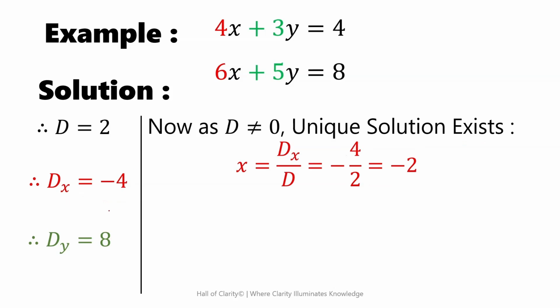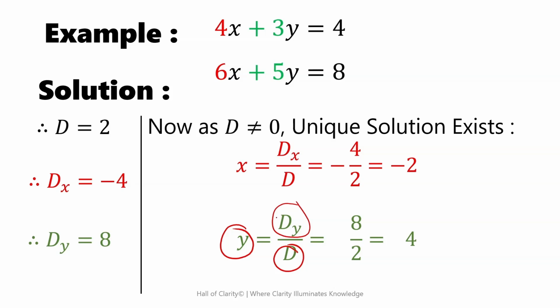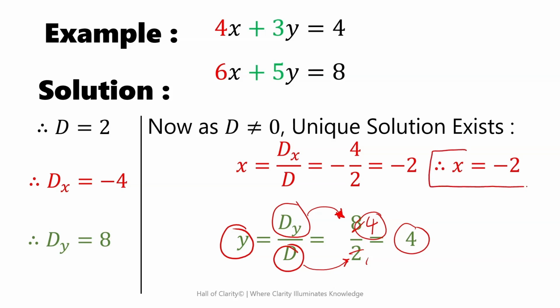Similarly, we find the value of y. y is given as Dy upon D. Once we put the value of Dy, which is 8, and the value of D, which is 2, we get 2 ones are 2, 2 twos are 4, so this 4 will be the final answer for y. x is equal to minus 2 and y is equal to 4 is our required answer.